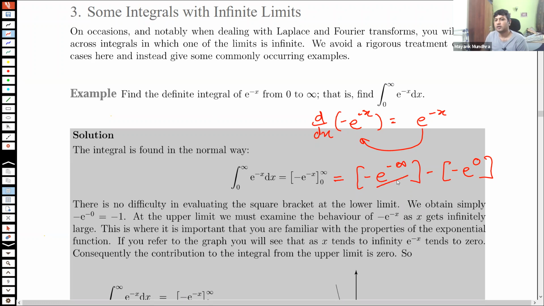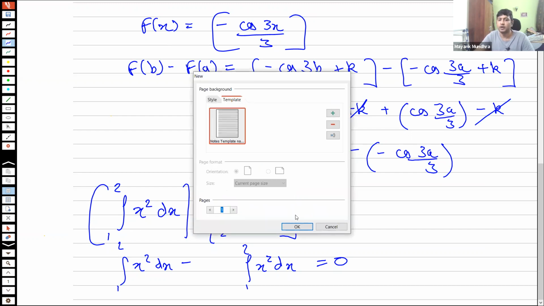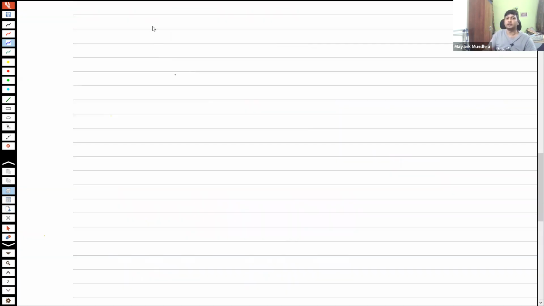Now, e to power minus infinity is just 1 by e to power infinity. Remember that e is a value which is greater than 1, and that's why e to power negative infinity is going to be 0.